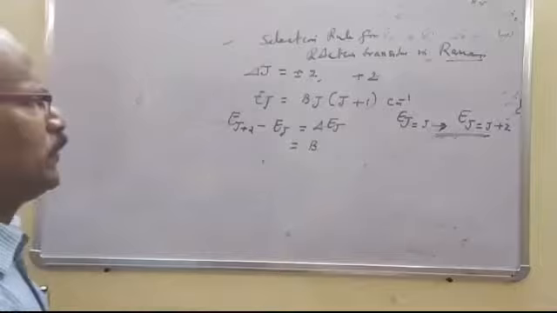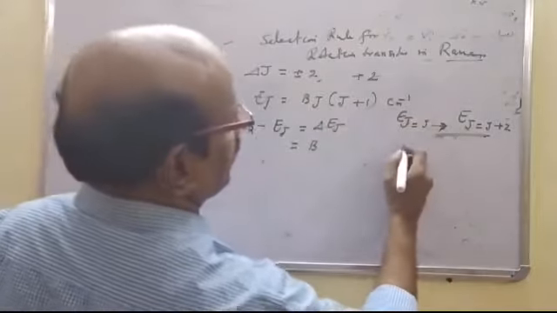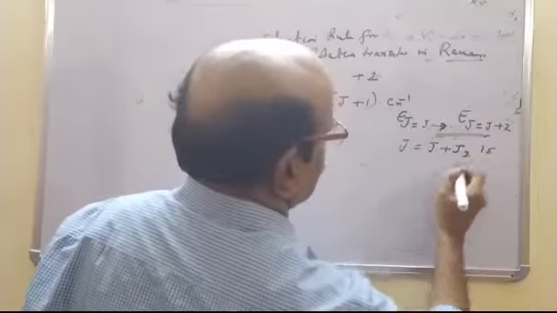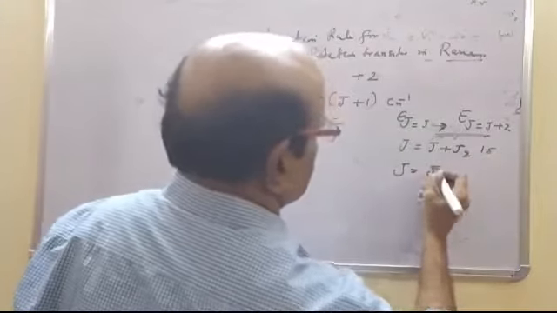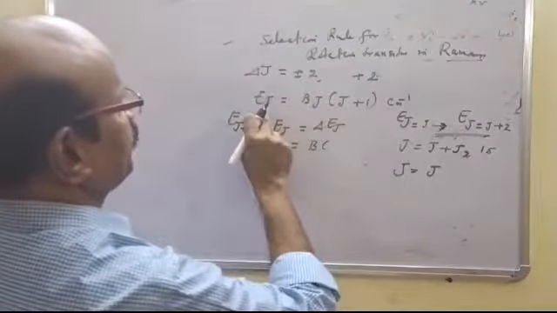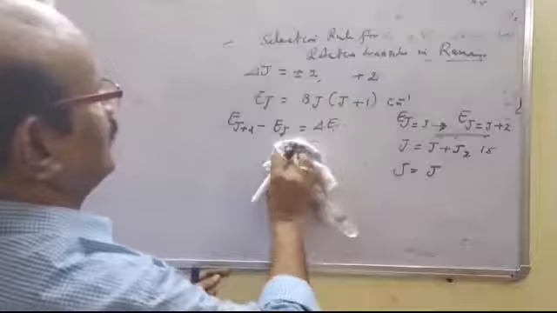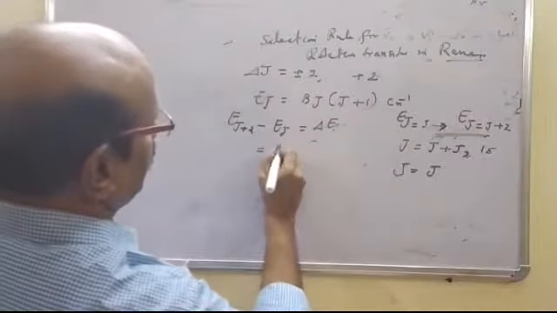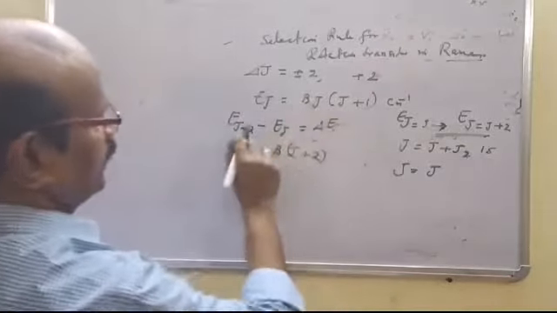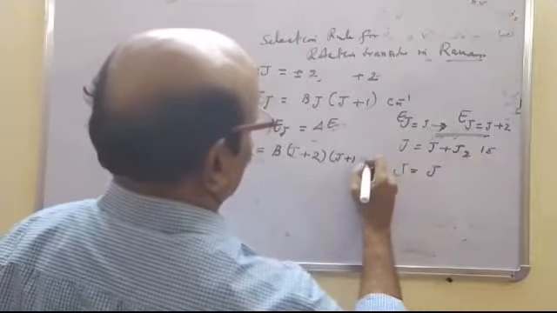So for J equal to J plus 2, B J into J plus 2 into J plus 2 plus 1. So we have to take this J equal to J plus 2 to J equal to J, and take the difference.